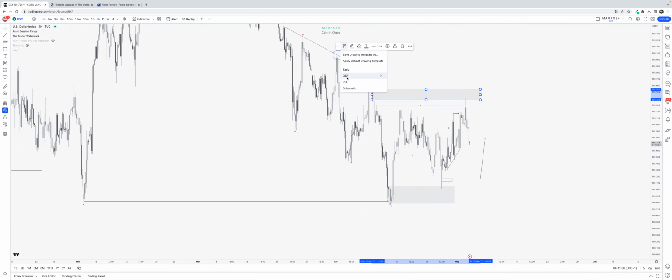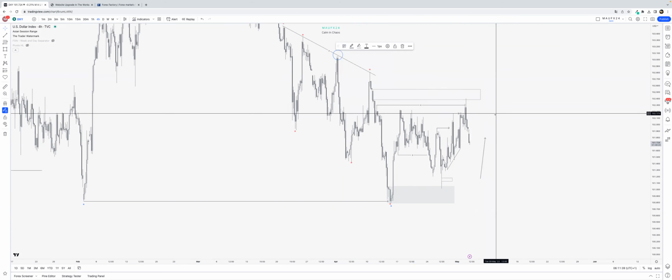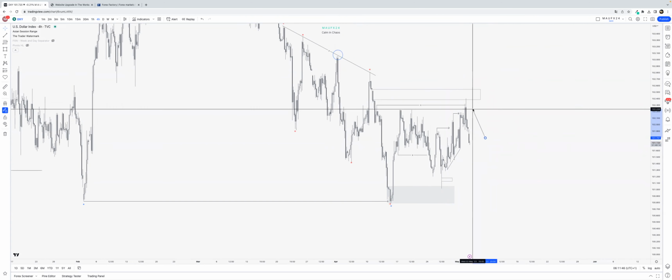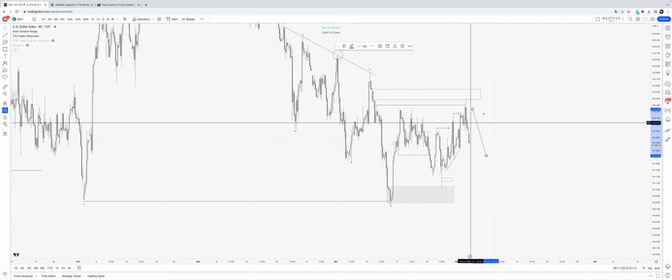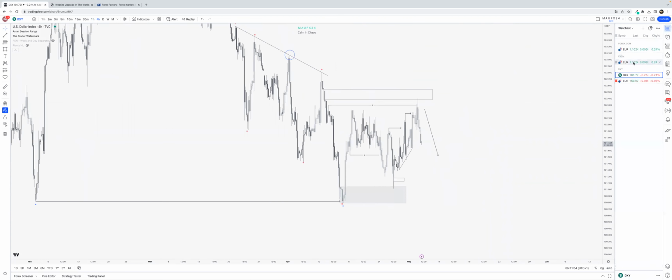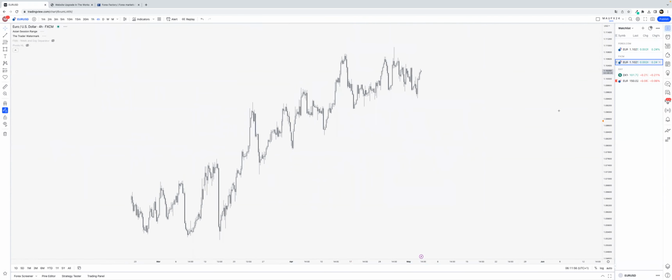We took liquidity from one side, so we can now target liquidity from the other side, following that red structure. So yeah, overall, my bias is short on DXY, whether we go instantly, or come back and then move. My bias is short, which means longs on EU.